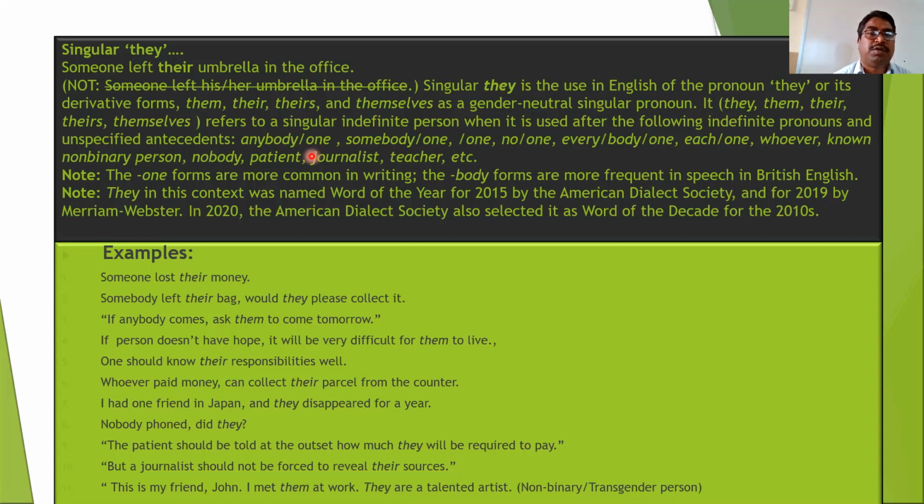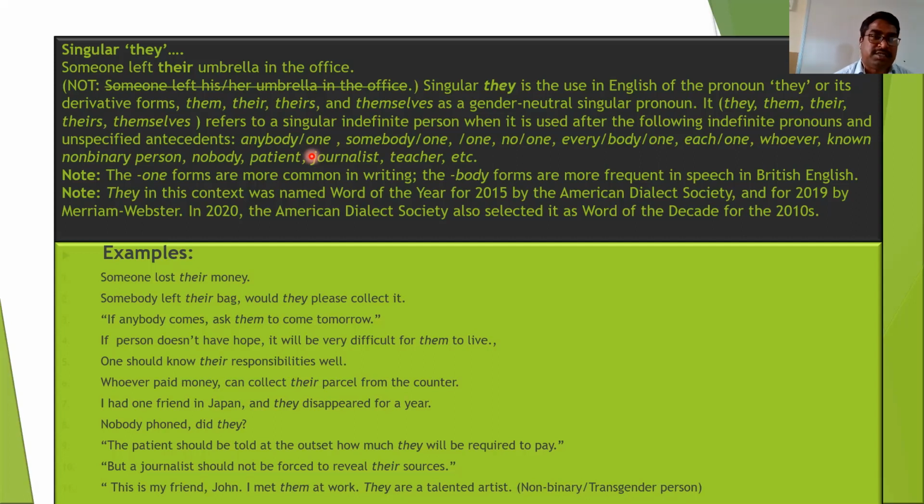When we want to refer to any object which is more than one in number, that time we use they. For example, I bought 2 new books and they are on the table. Right? So they is a plural pronoun.